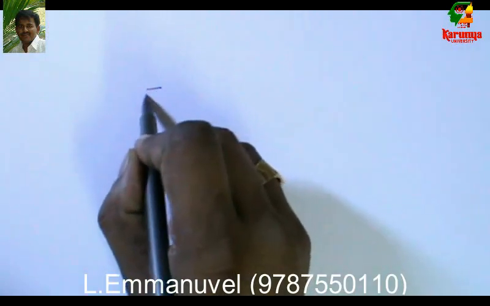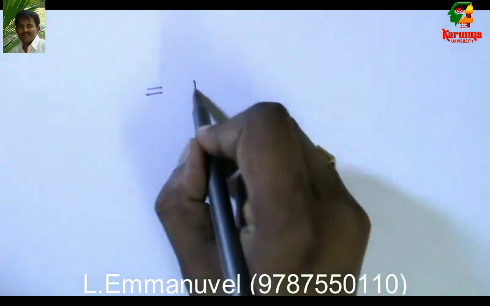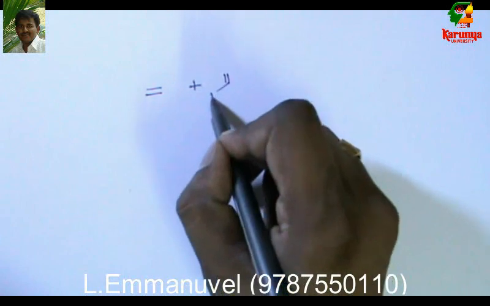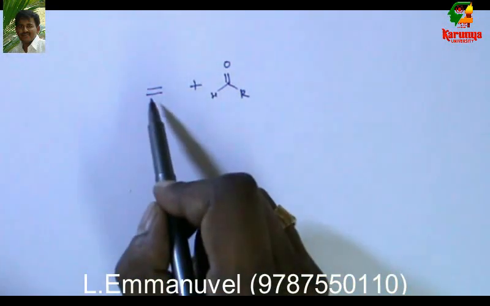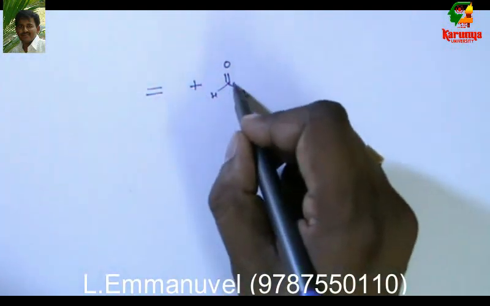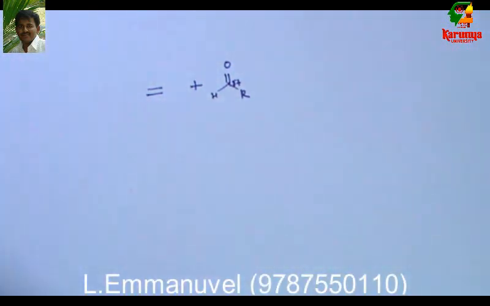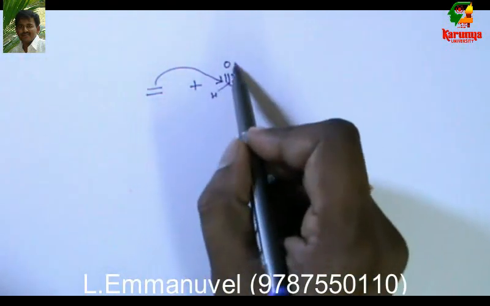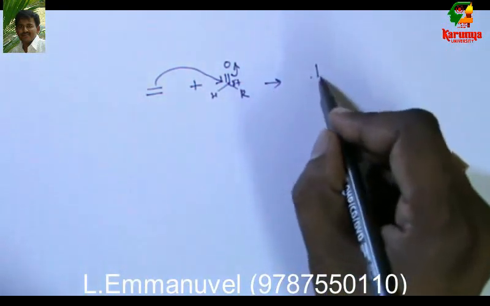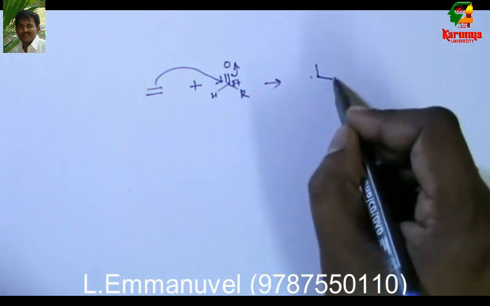What about the double bond? Addition to aldehyde. Is it possible? So this is nucleophilic and this position is electrophilic. Will it attack? Yes. It attacks here to give, I write like this.